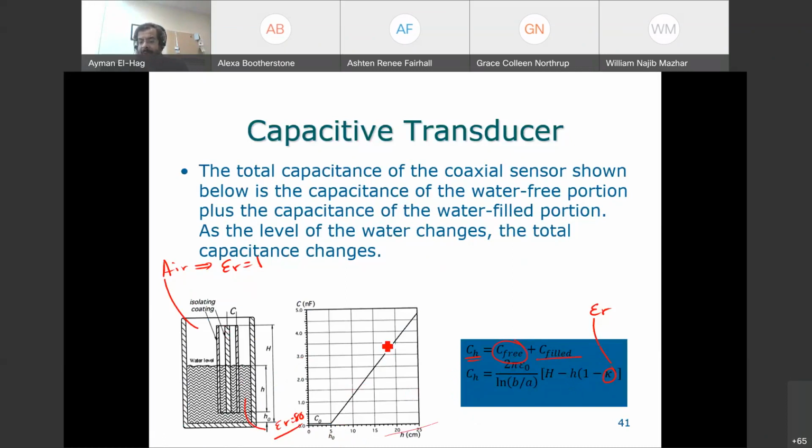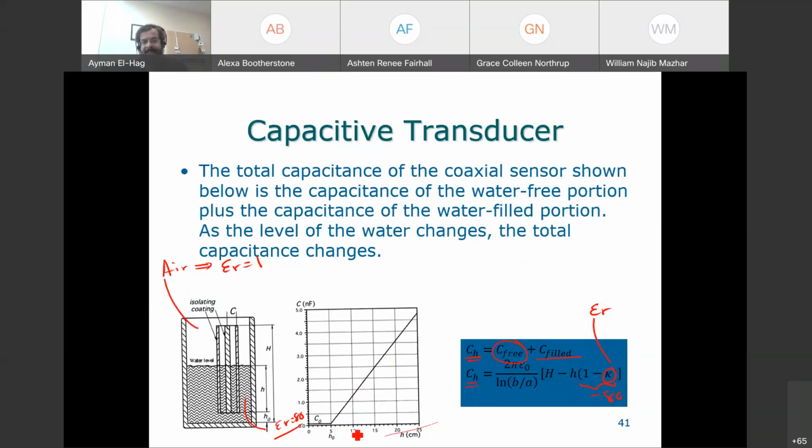This is 1 minus 80, which is a negative number, so once H increases, the total becomes a positive number. So as H starts to increase, your capacitance starts to increase.